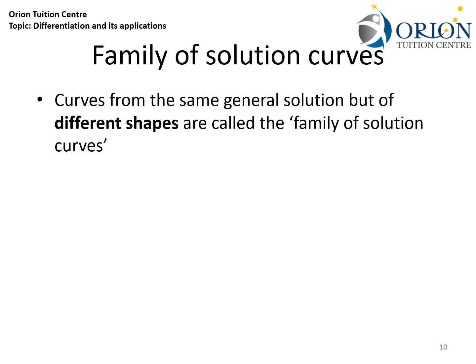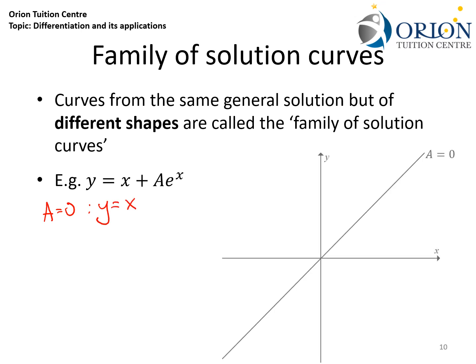For example, if we have the general solution y equals x plus a times e to the power of x, and when a equals 0, we will end up with y equals x, which is a straight line.